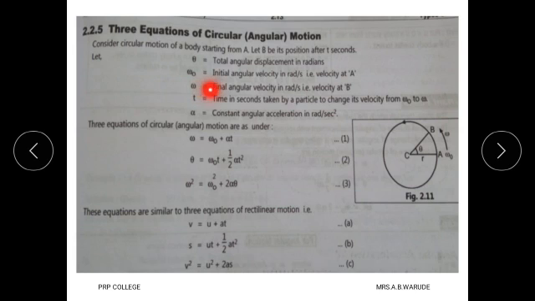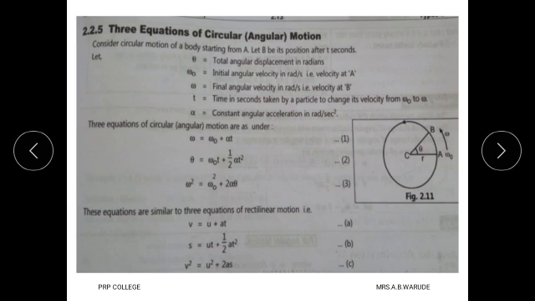Omega 0 is the initial angular velocity in radians per second, that is the velocity at point A. Omega is the final angular velocity in radians per second, the velocity at point B. Then t is the time in seconds taken by the particle to change its velocity from omega 0 to omega, and alpha is the constant angular acceleration in radians per second square.